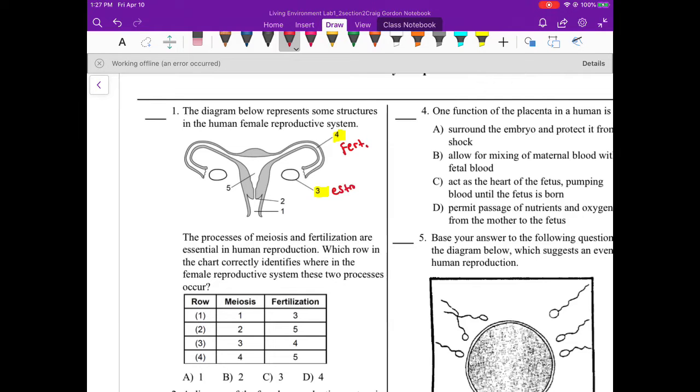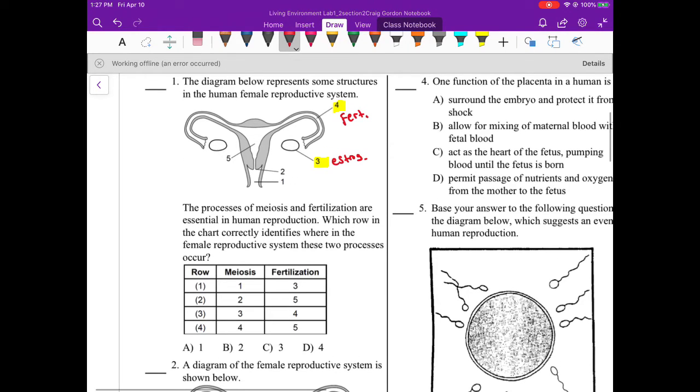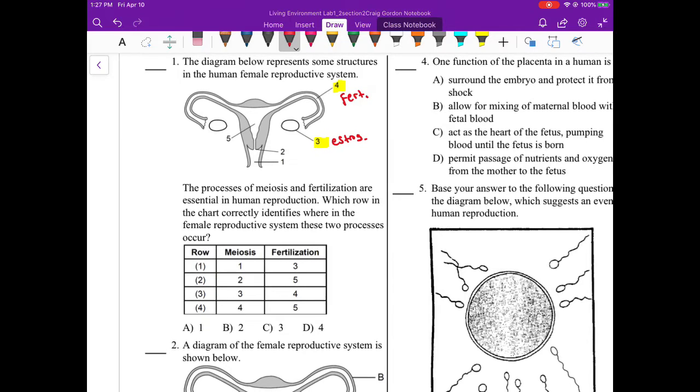Which row in the chart correctly identifies where in the female reproductive system these two processes occur? If we look at 3, you have meiosis. That's going to be in the ovary because we're making the egg cell. But more importantly, 4 is where fertilization is taking place, and that's going to be the fallopian tube.